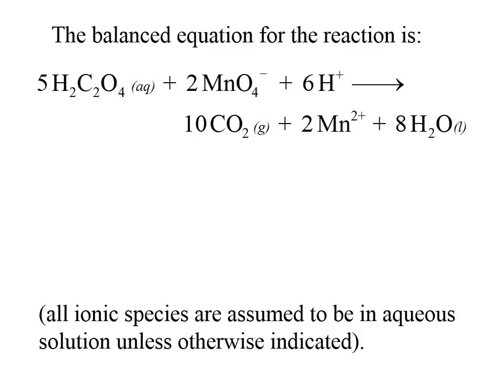And it's going to need 6 moles of your H plus that you got from your sulfuric acid to form a whopping 10 CO2s, gases. And also being produced is Mn plus 2 and 8 waters. Whew, good heavens.